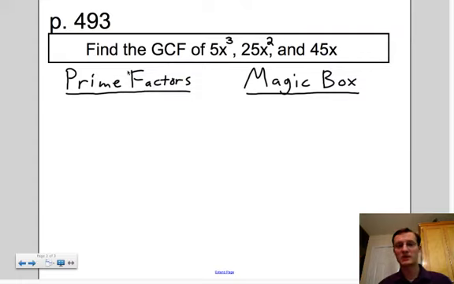So there's two methods we can use to find the GCF of 5x cubed, 25x squared, and 45x. First way is to simply list them and pull all the prime factors out.